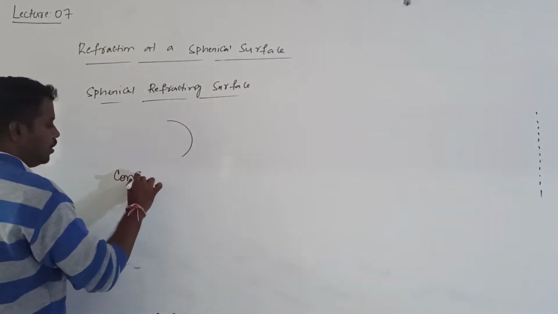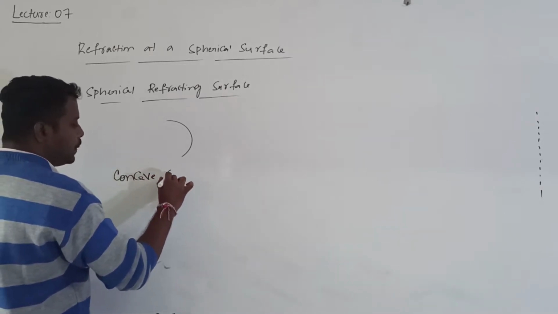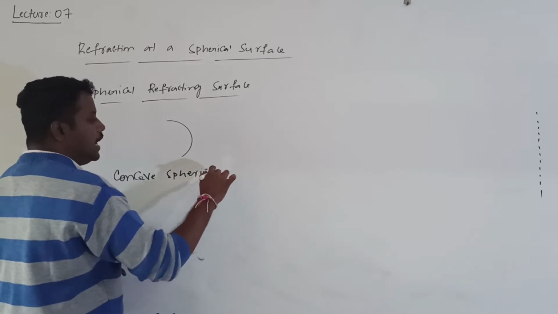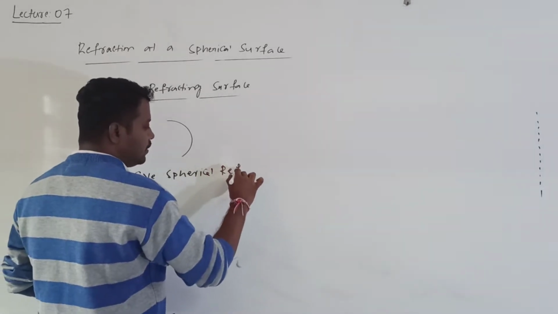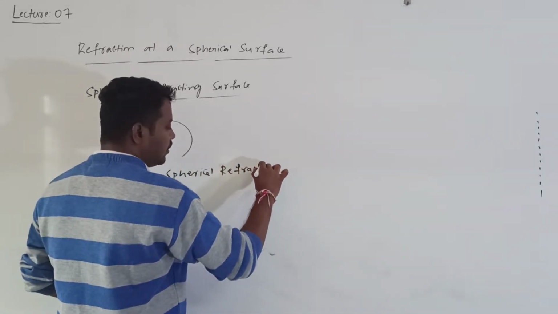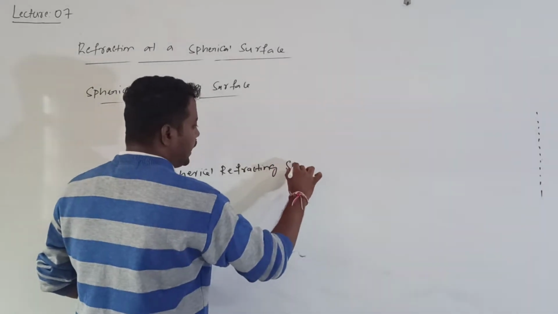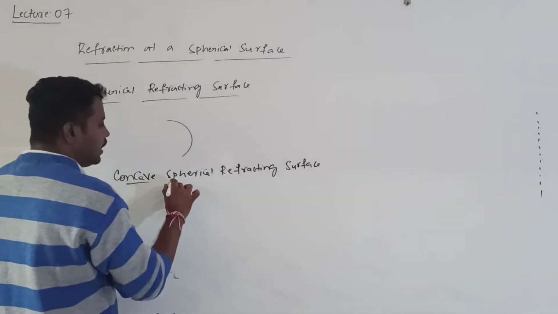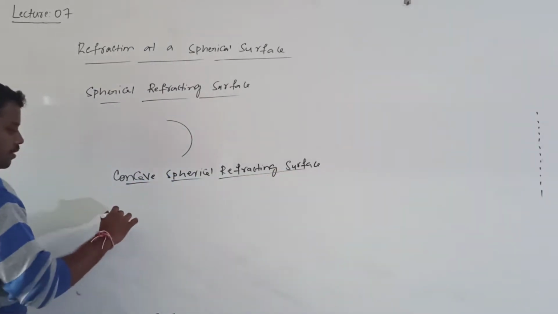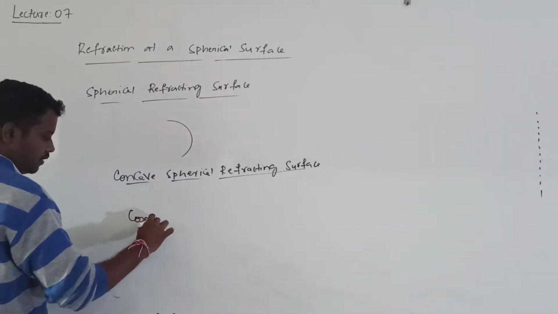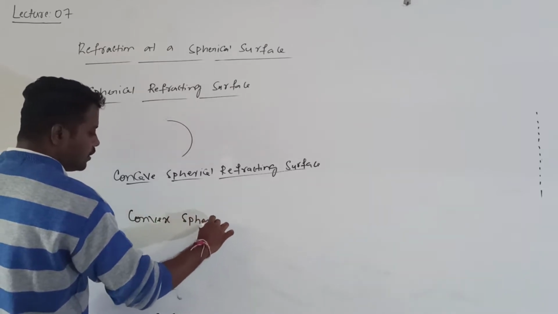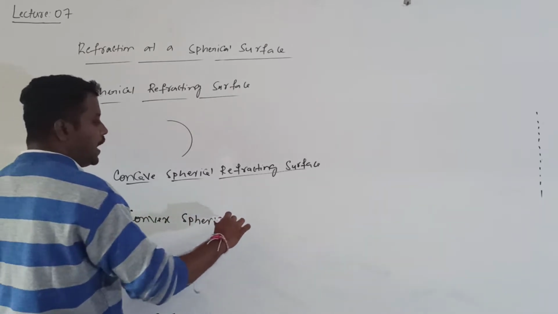It may be a concave spherical refracting surface or a convex spherical refracting surface.